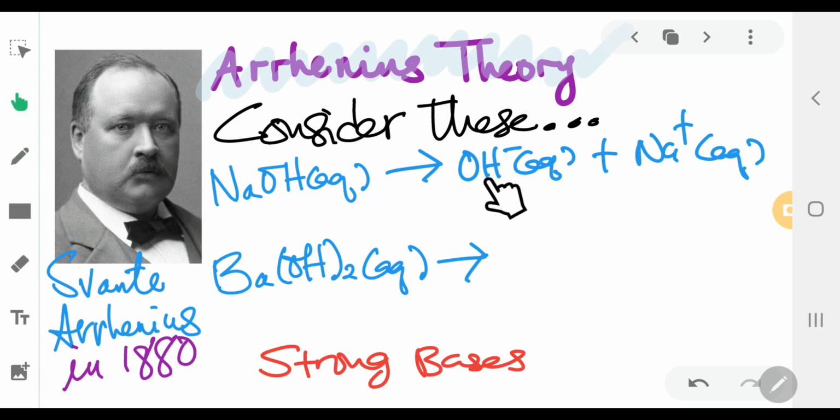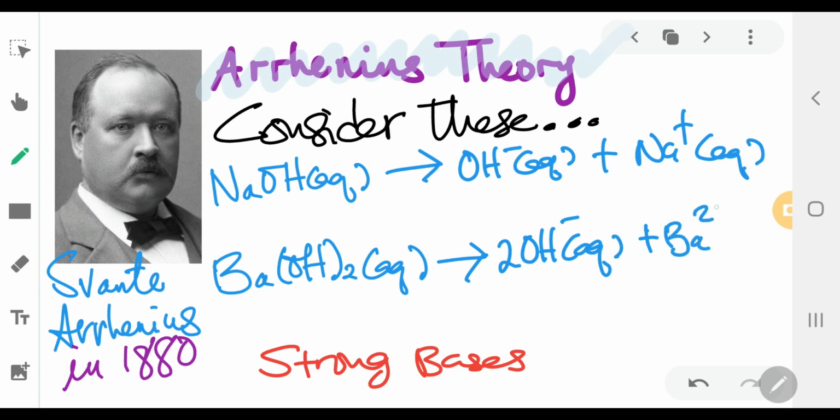So when you have OH minus produced, meaning NaOH is a base according to Arrhenius theory. Right here we have 2 OH minus. We have 2 because you have 2 right there, so be careful when you want to balance the equation. And plus Ba2 plus aqueous.